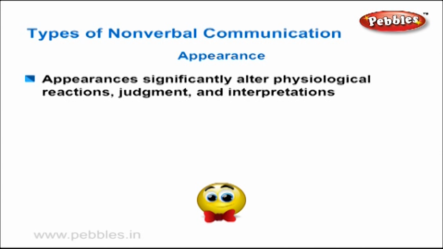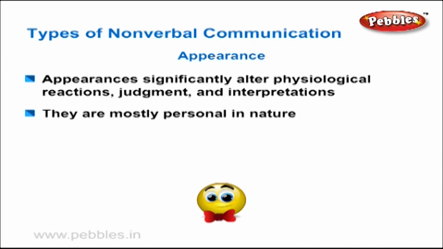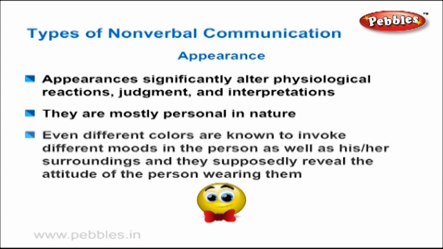Appearances significantly alter physiological reactions, judgment, and interpretations. They are mostly personal in nature. Even different colors are known to invoke different moods in the person, as well as his or her surroundings, and they supposedly reveal the attitude of the person wearing them.